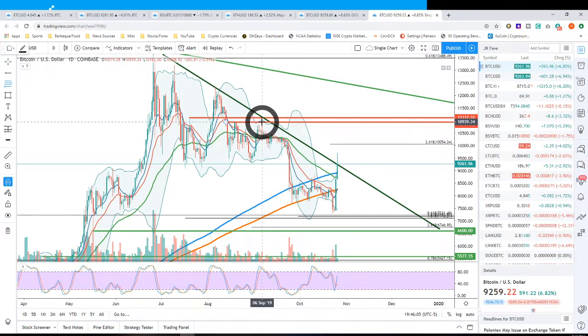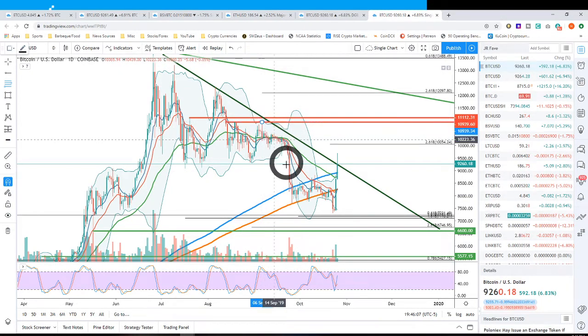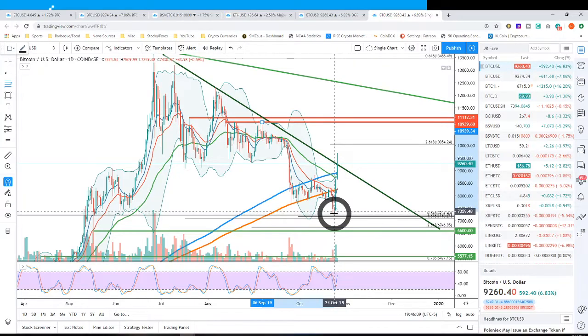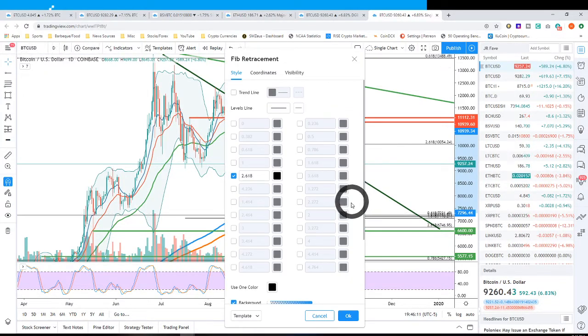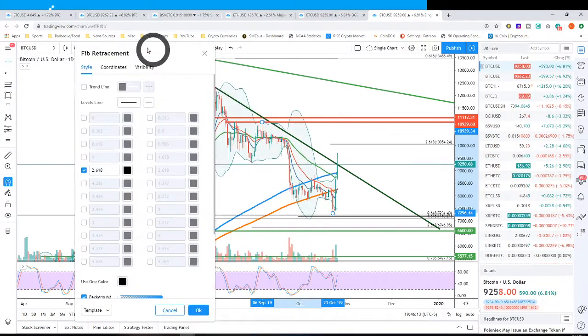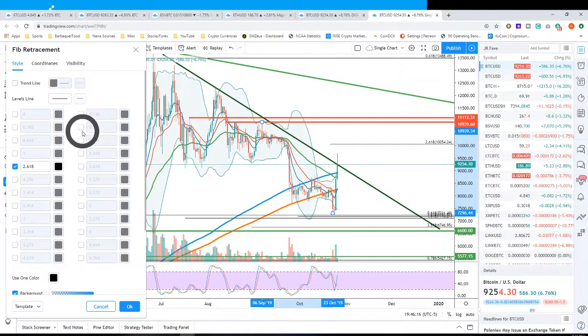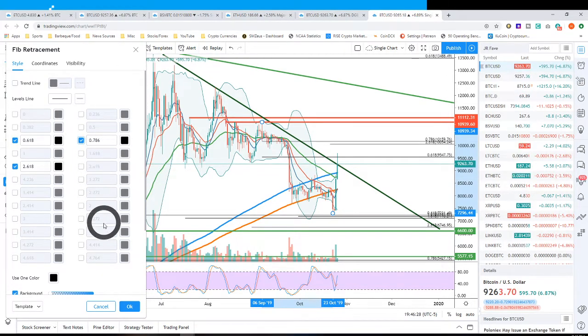Let's go and do from this high to this low. All right, let's see what lines up here. Broke the 50. Oh, there's the 68 point. There we go. Okay, now we're getting somewhere. Okay, let's take out the 261.8.